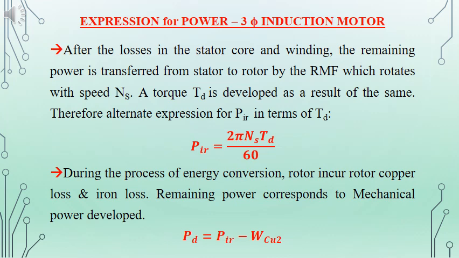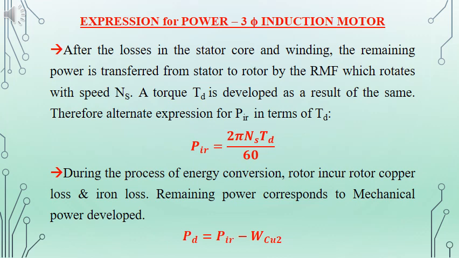Now we have to consider the losses on the rotor side, that is rotor copper loss and rotor iron loss. Rotor iron loss will be negligibly small because the frequency on the rotor side is very small.